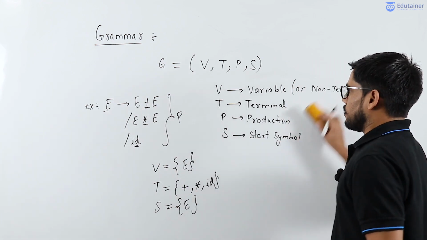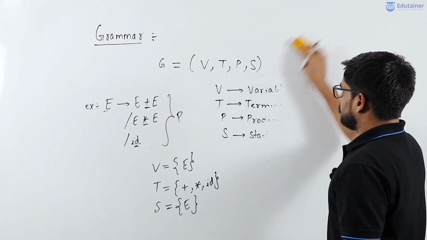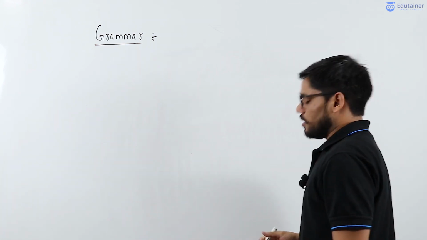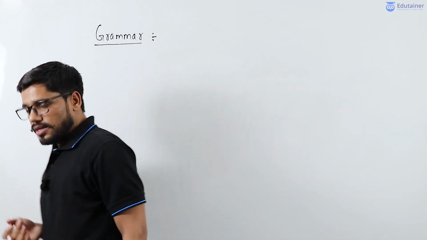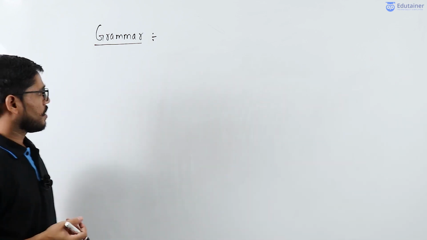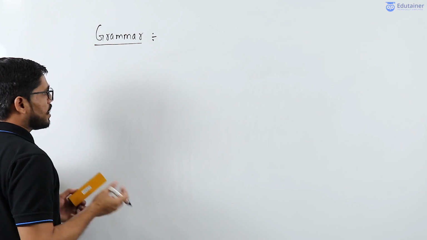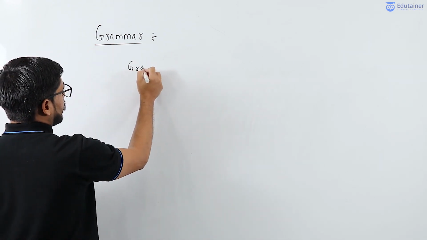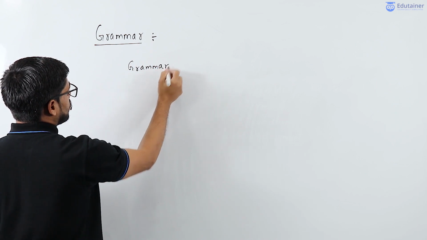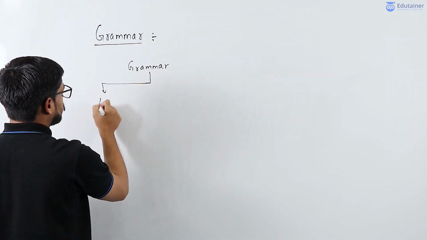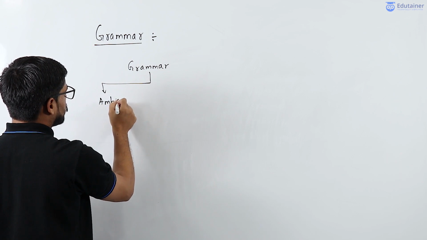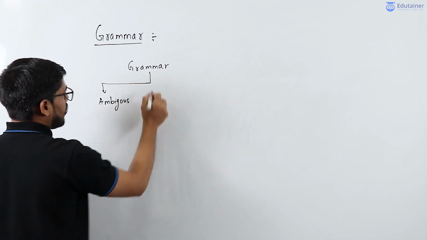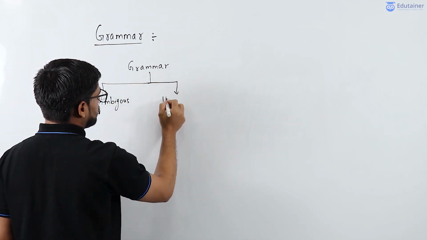Okay, now after that, let's understand the classification of grammar. So grammar is classified in three ways, two types each. First of all, grammar is classified into ambiguous and unambiguous grammar.